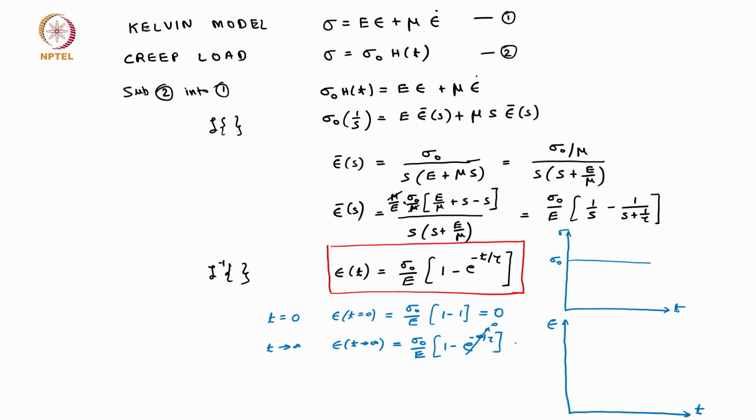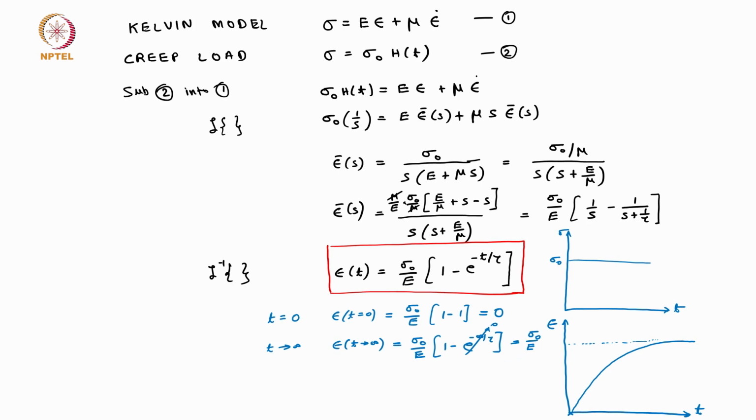So, since this term goes to 0, it will reach a constant value of sigma naught by E. So, we said that it starts at the origin at time t equal to 0, and after it increases it reaches a constant value, and this constant value is sigma naught by E.